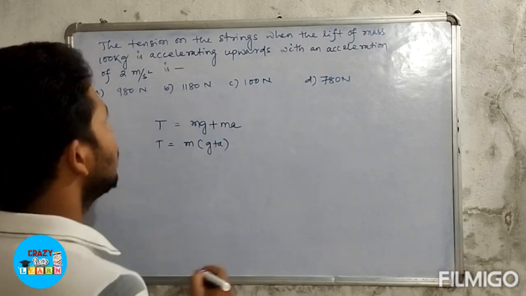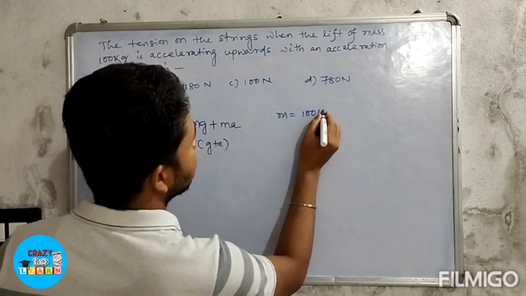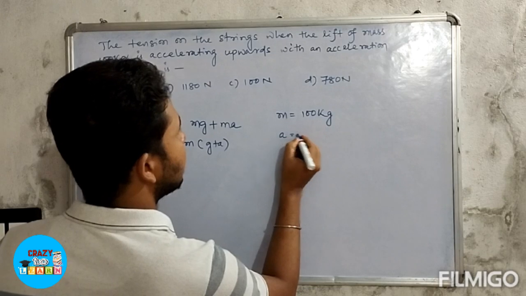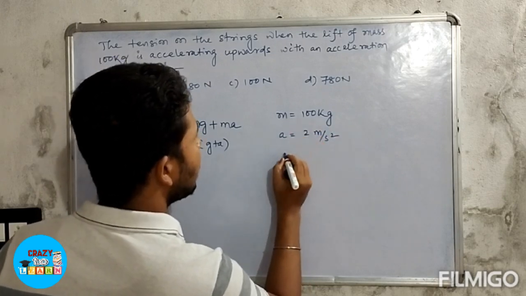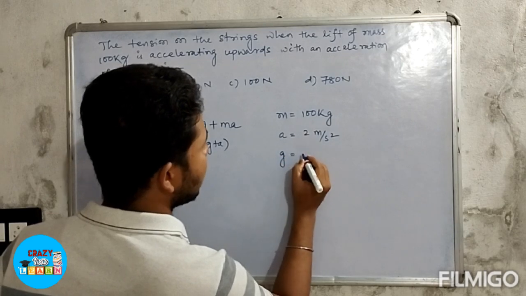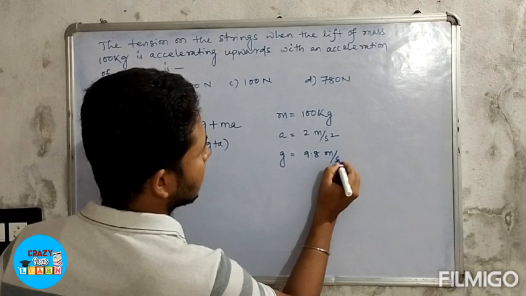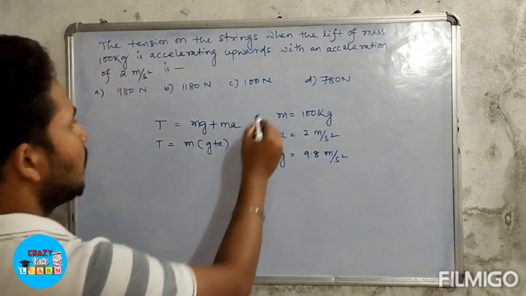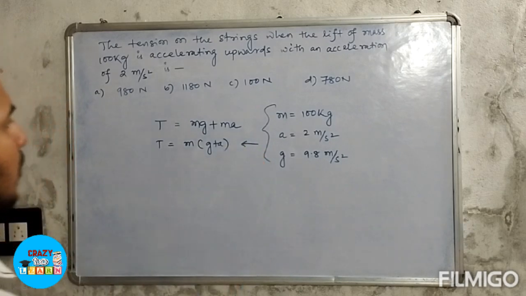And what is given to you? The mass is given to you, 100 kg. Acceleration is given to you, 2 meter per second square. And they know the acceleration due to gravity of Earth. What is the value? 9.8 meter per second square. Put all these three values in the given formula. Then you will get the answer.